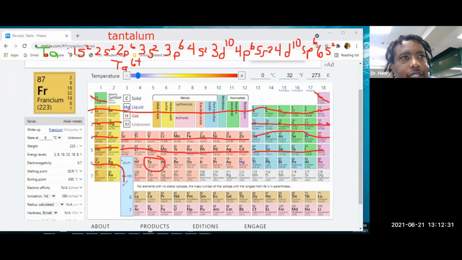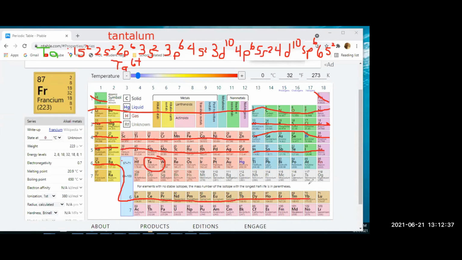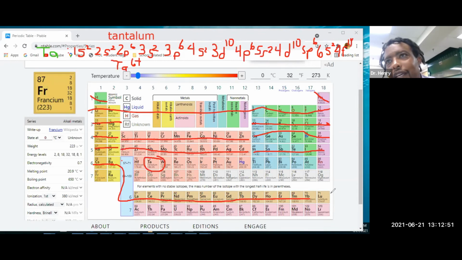Wait, would it be 5d6? Or 4f14? Okay, we got 4f14, and then we have this guy. That's 1, 2, 3, 4. So then that would be 5d4. Okay, everybody see that?